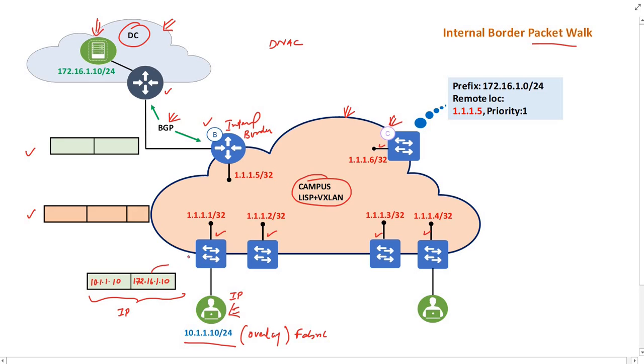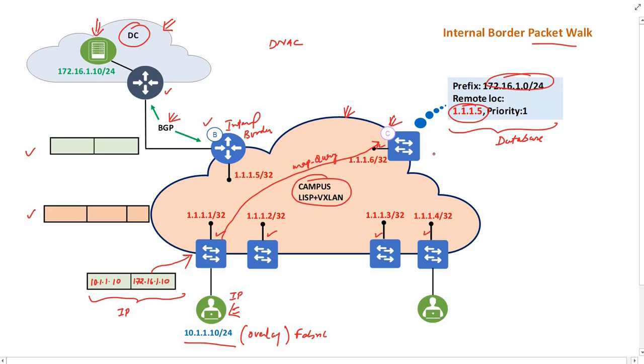When this packet reaches the edge node here, the edge node will query the control plane node about the location of 172.16.1.10. So here is the map request. The control plane node consults its database and finds the matching entry. The database says that to reach the 172.16.1.10 server, the edge node needs to forward the packet towards remote location 1.1.1.5.